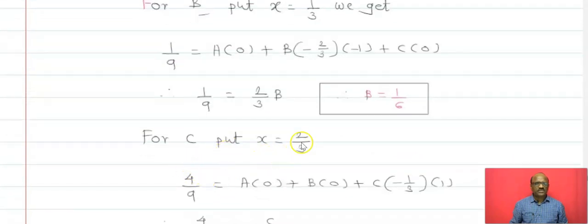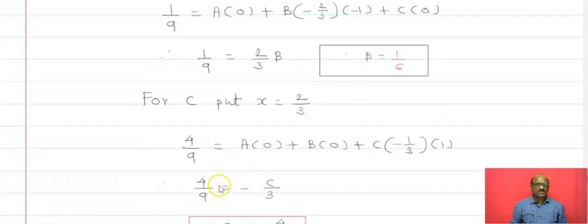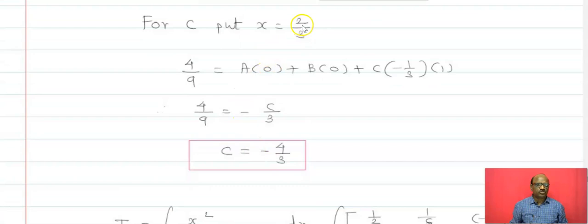For c, put x equals 2 by 3, then x square is 4 upon 9, a 0, b 0, and c is in bracket minus 1 upon 3 into 1.